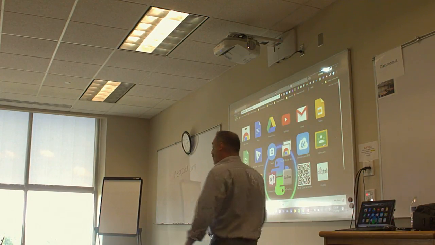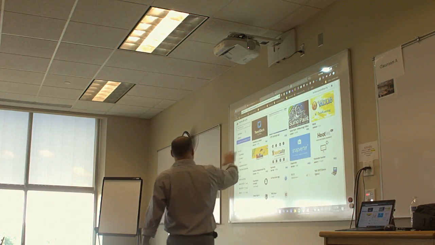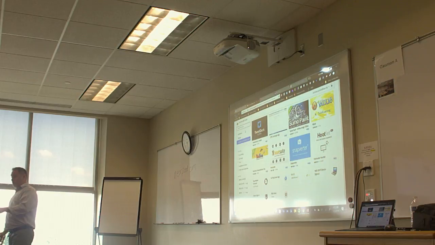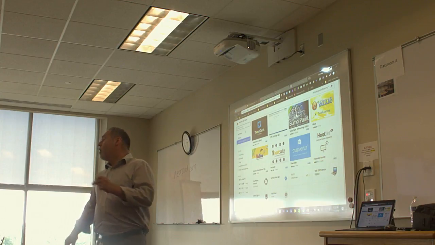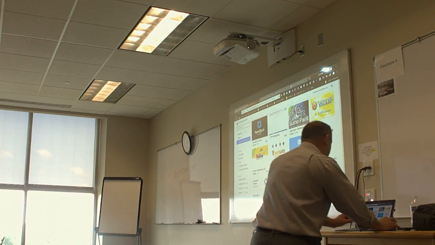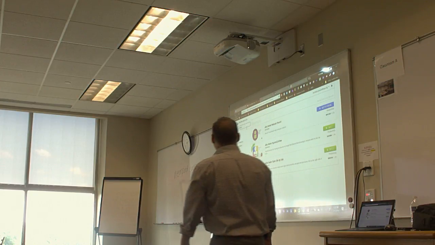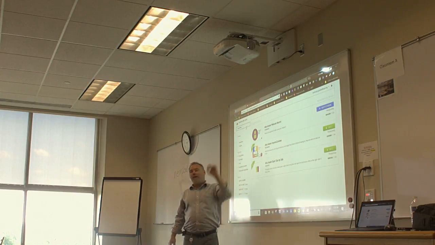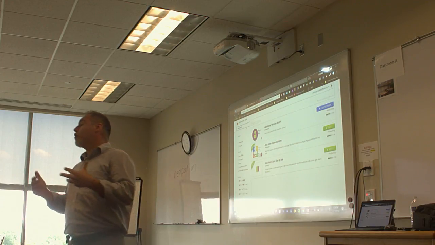If you click on your web store, this is where you can look for different extensions that you can use in Chrome, making your life a lot easier. All you have to do is look up Alice Keeler, and because I already have the extension, it's not going to show up in my Chrome web store. But if you type in Alice Keeler, she has a few apps: open side by side, anyone can view, webcam record, all that stuff. You can install those Chrome extensions within your Chrome browser.